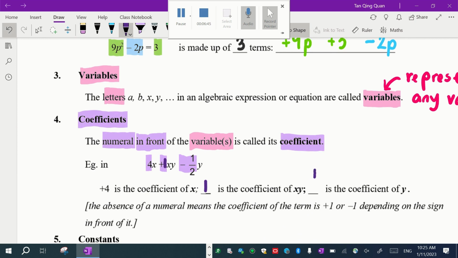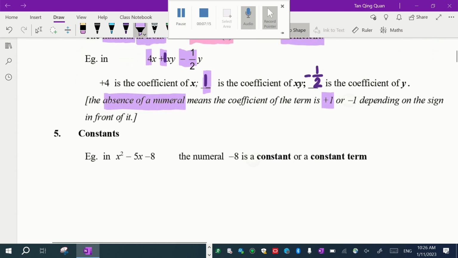Negative half is the coefficient of y. Okay, the absence of a numeral simply means, in this example, either a positive 1 or negative 1. It depends on the sign in front of that variable.